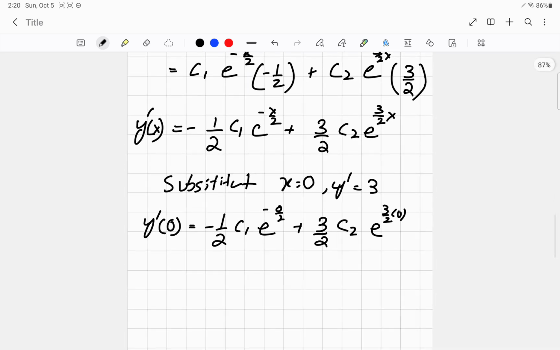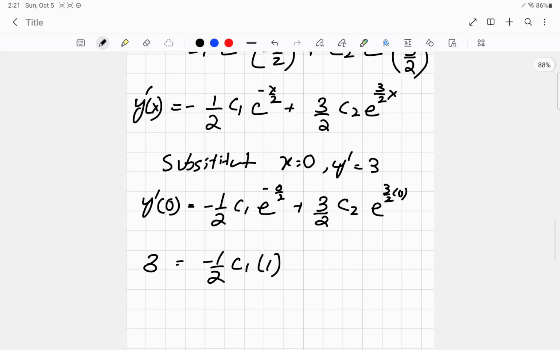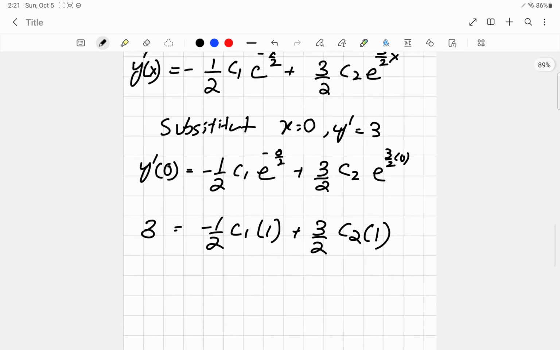So y dash of 0, we know that's equal to 3, equals negative 1 over 2 c1, and e power 0 is always 1, something with a power of 0 means 1, plus 3 by 2 c2 times 1. So the equation will become negative c1 divided by 2 plus 3 by 2 c2 equals 3.